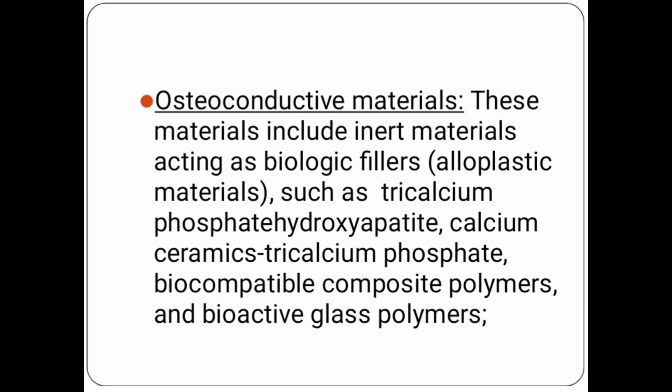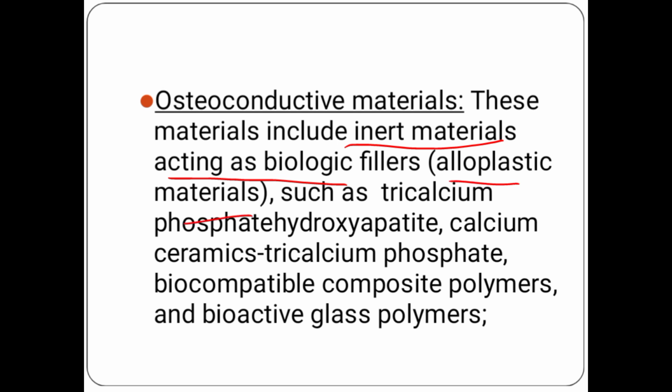Now, what are osteoconductive materials? These are materials that support the growth of new bone tissue by providing a platform for bone cells to adhere to and proliferate. They include inert materials acting as biologic fillers, also known as alloplastic materials.